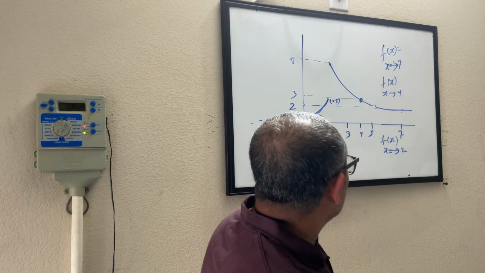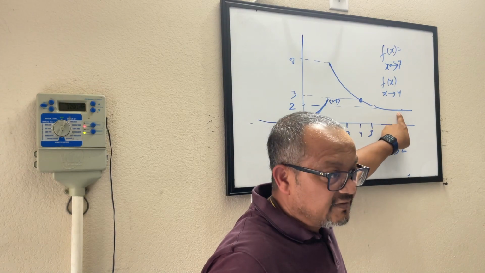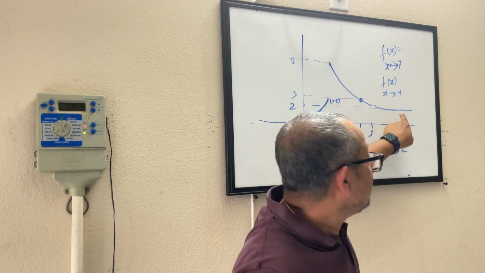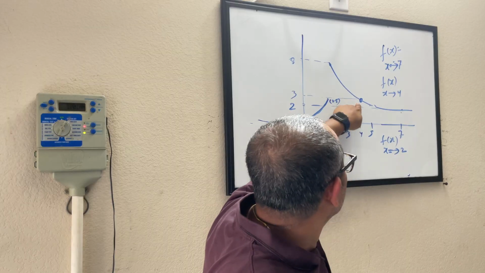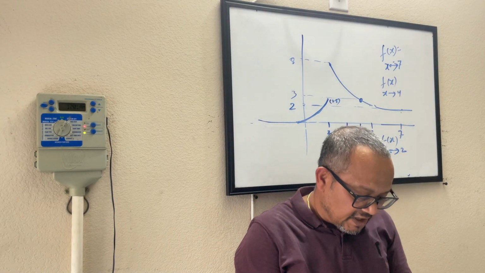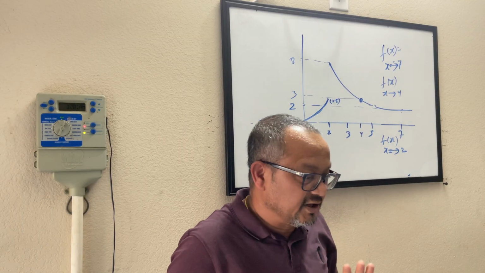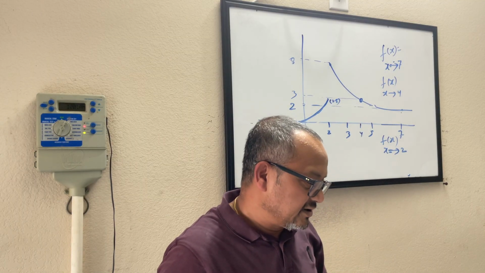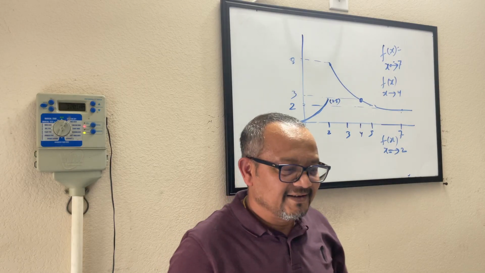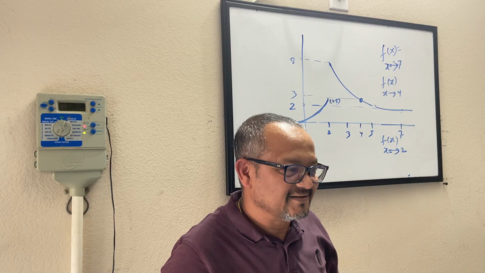Can you tell me what is your reading of x equal to 7 as a point, x equal to 4 as a point, and x equal to 2 as a point? Let's see if I have been able to make any sense to you so far. It's reflecting on me, okay? If you give me the right answer, that would mean I'm a good teacher. If you give me a wrong answer, that means I'm a bad teacher. Let's see.